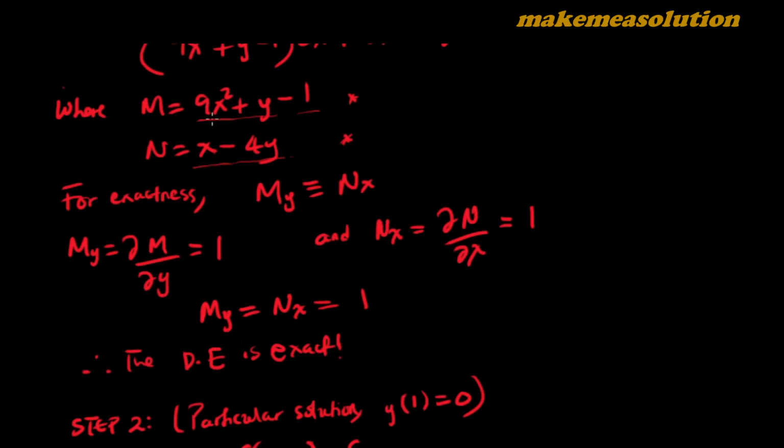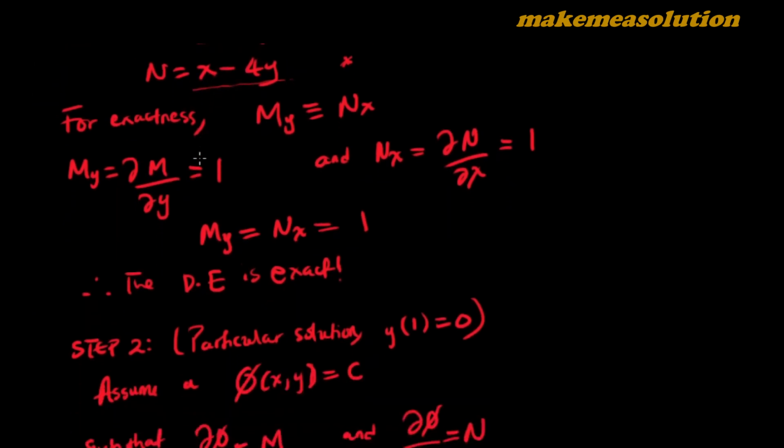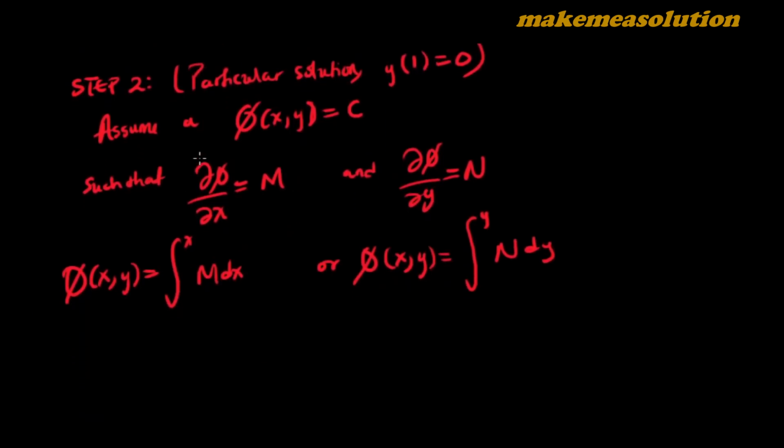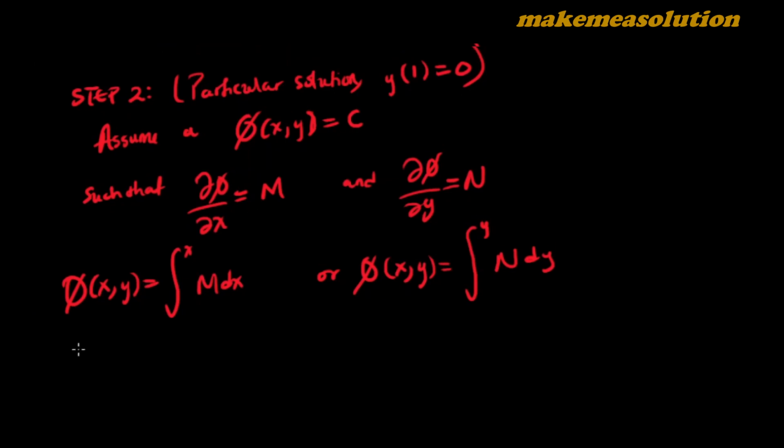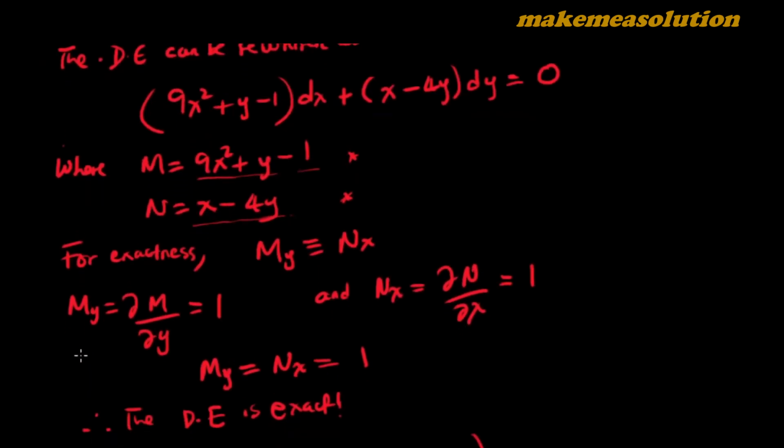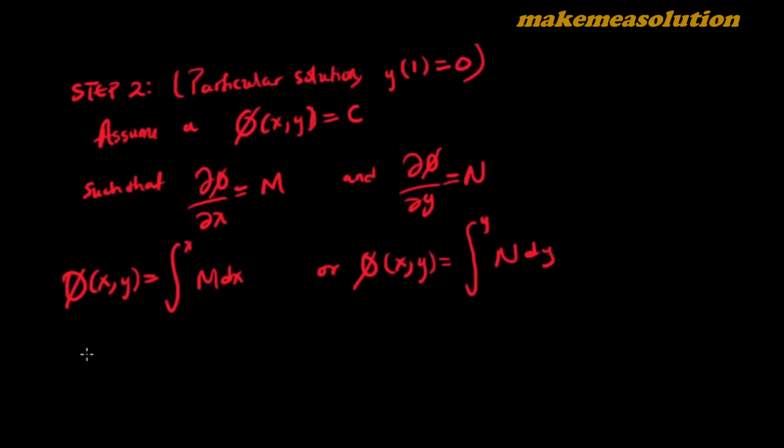So m is 9x squared plus y minus 1. Since in the last example I integrated with respect to x, I will also integrate with respect to x in this case, because in the first two examples I integrated with respect to y. So I just want to balance things up, and the expression for m is not so complicated, so we can actually integrate it with respect to x.